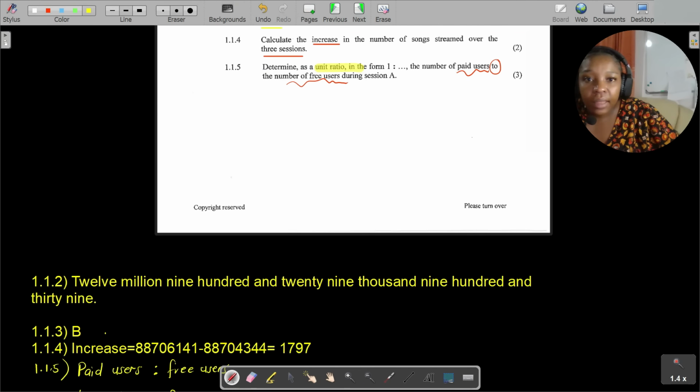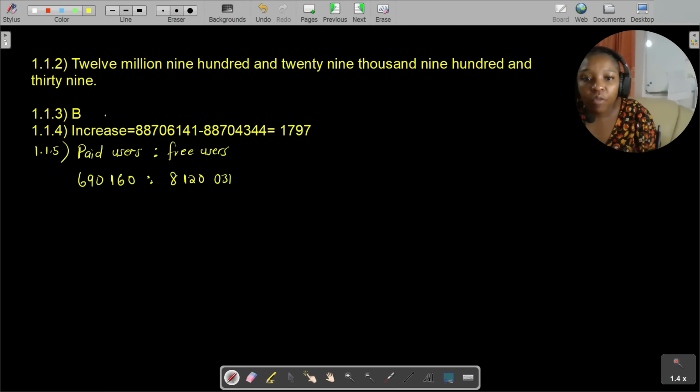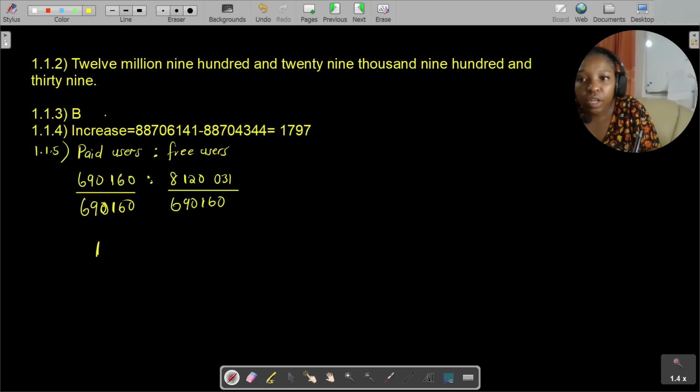Okay, then they said that it must be in the form of 1 is to something. So how can we get it in the form of 1 is to something? We want to divide by that 690,160. To get this part here to be 1, what you do on the left-hand side, you need to do on the right-hand side. So it's going to be this divided by this is 1 is to.